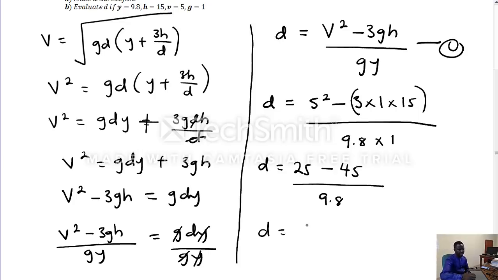25 minus 45 is said to be minus 20, divided by 9.8, and minus 20 divided by 9.8 is equal to, if I multiply both the numerator and denominator by 10, this is going to give me minus 200 divided by 98.